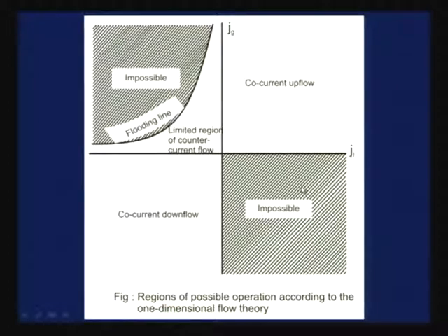So, therefore, in order to conclude this particular portion, what are the things that we have discussed? First thing I have discussed is the drift flux model, how to obtain the different mixture parameters with respect to the drift flux model.